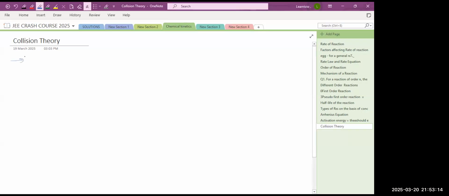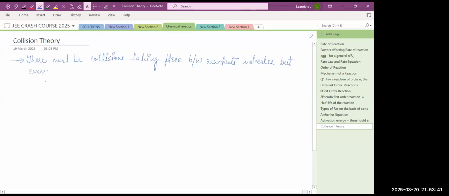Okay, write it down. What I said, there must be collisions taking place between reactant molecules, but every collision is not fruitful, right?